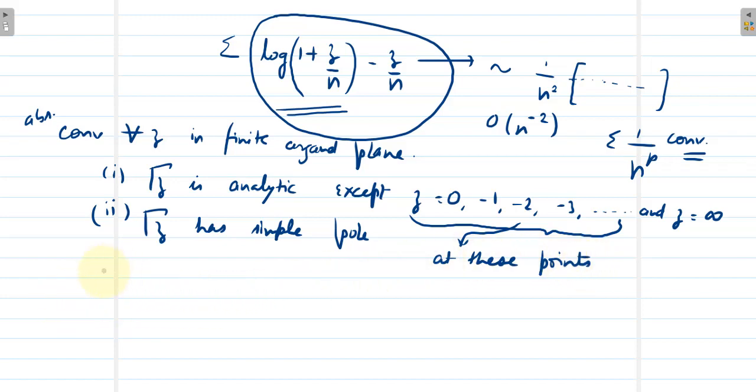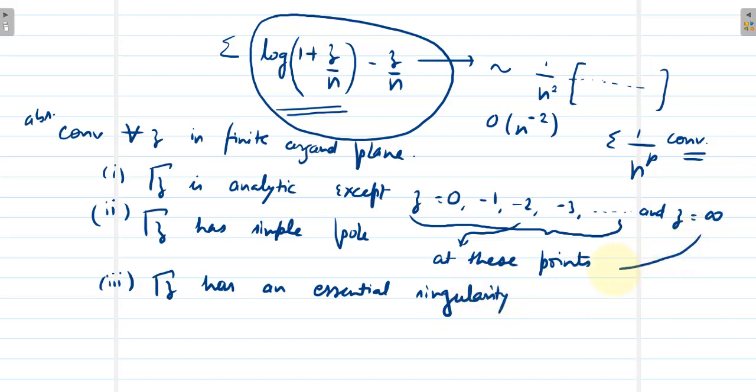Third, gamma z has an essential singularity at z equal to infinity.